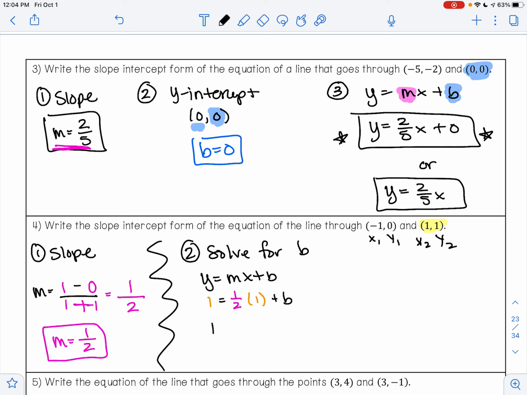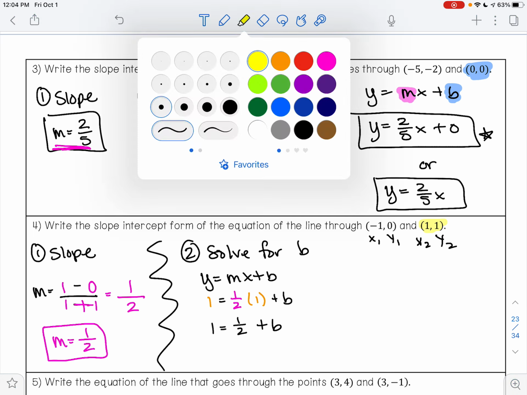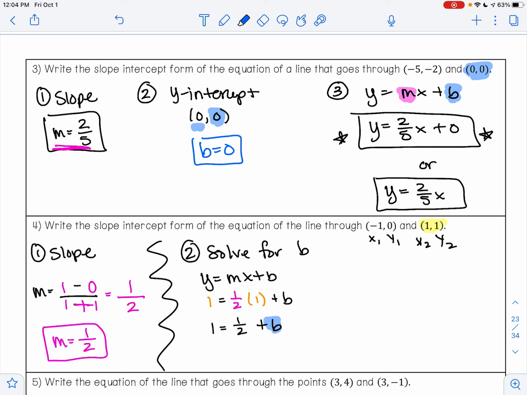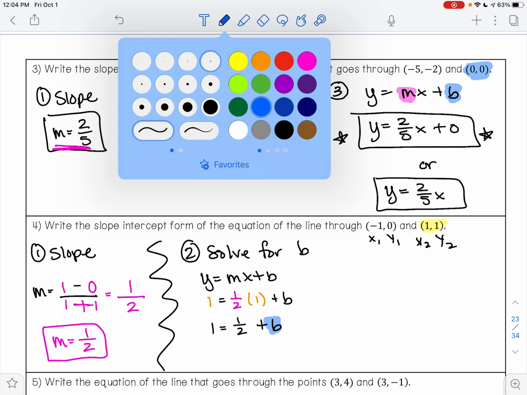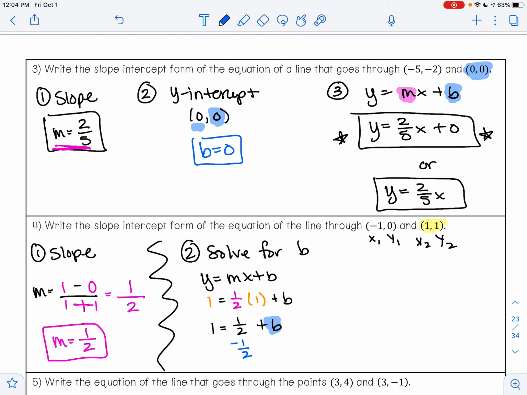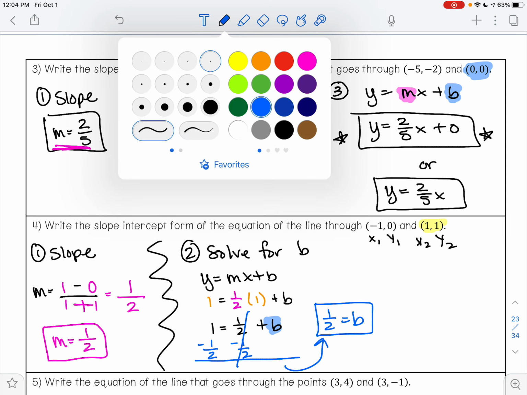So I'm going to have 1 equals, well, 1/2 times 1 is 1/2, plus b. I want to get b by itself. So I've got to move that 1/2 to the other side. 1/2 is positive, so to move it to the other side, I'll have to subtract it. 1 minus 1/2 is 1/2. So 1/2 is equal to b.